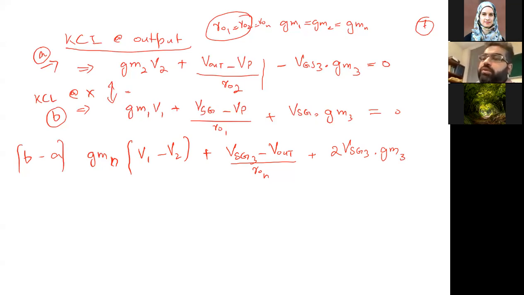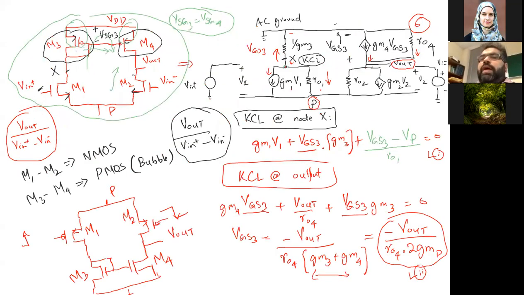Right. So RO1, RO2, let me just go back. M1 and M2 should be equal to each other because we are talking about the diff pairs. The property of the diff pair is that on both sides, width, length, and GM should be exactly the same. Otherwise, this is not a differential pair.